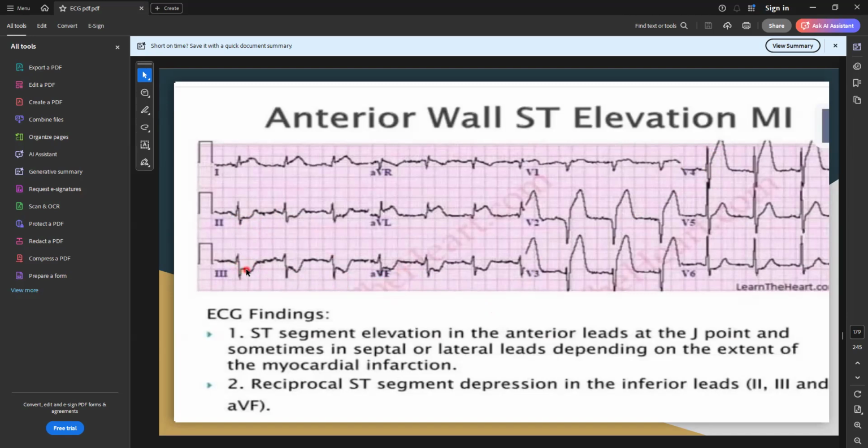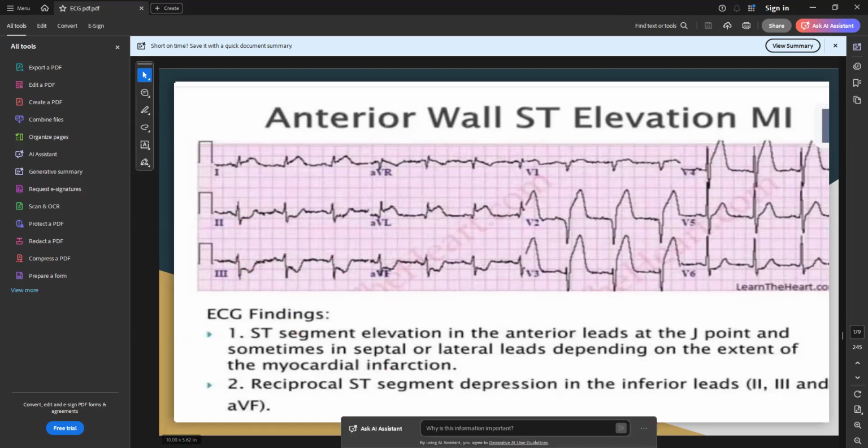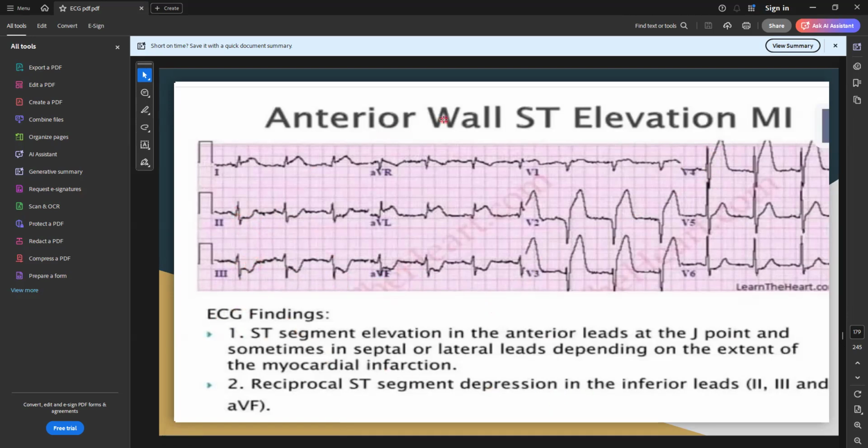This is the ST segment depression, so this is the amplitude of ST segment depression. So I have told you that reciprocal changes in the anterior wall STEMI will be seen in inferior leads, that is lead 2, lead 3, AVF, whereas the ST segment elevation is seen in V3 and V4.